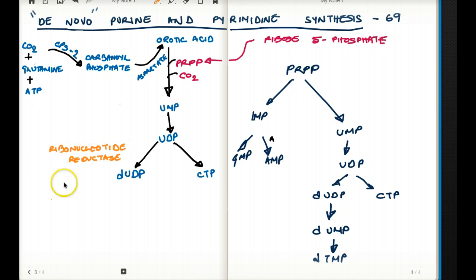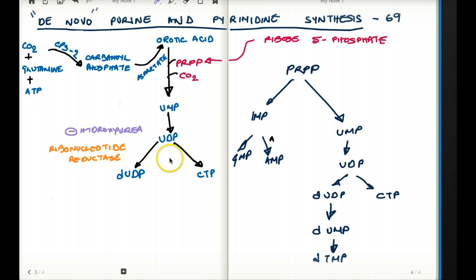Our ribonucleotide reductase is inhibited by one cancer drug, hydroxyurea. So when we're talking about remembering different steps, the steps that are inhibited by drugs are very important to remember, that is clinically significant. Regulatory steps, so in our pyrimidine synthesis, the regulatory step is CPS2, very important to remember.